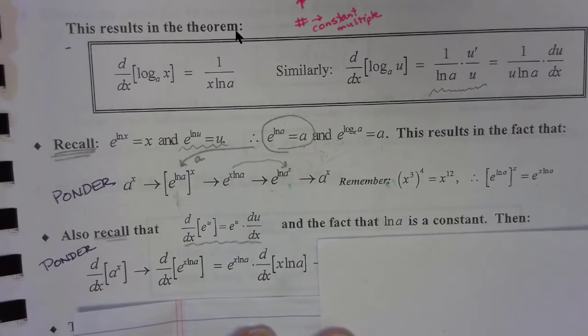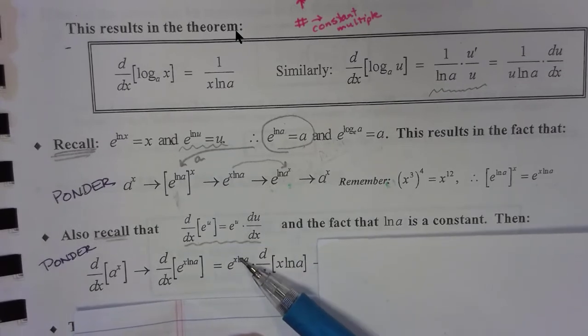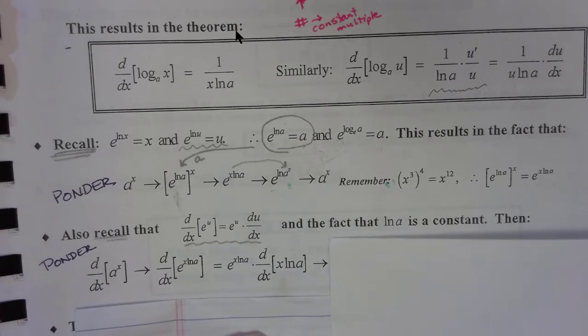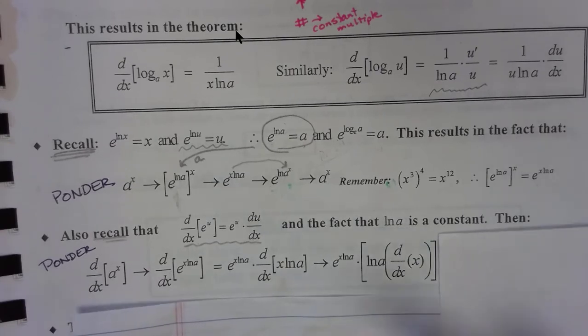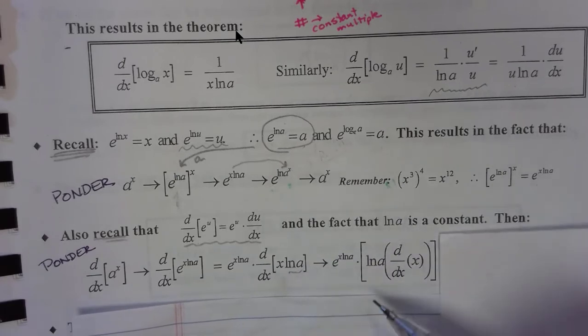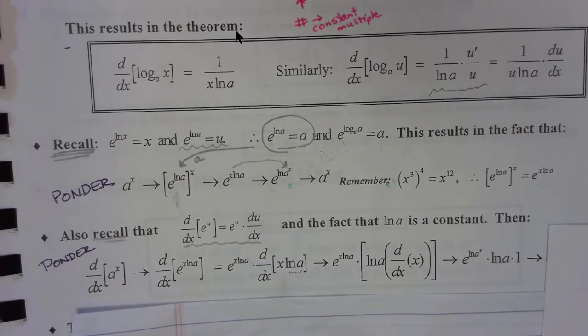We know that the derivative of e to the u power is e to the u times the derivative with respect to x of our u. We know that this is a constant. So that's ln a times the derivative with respect to x of x, which we know to be 1.